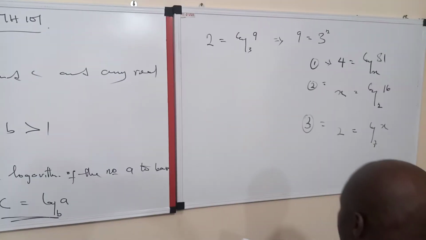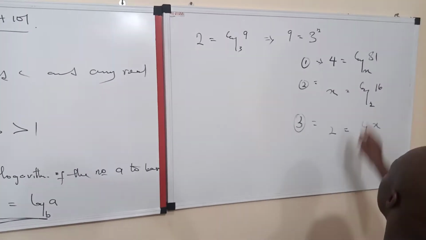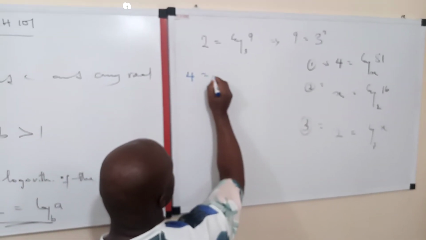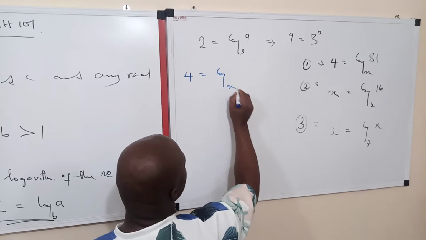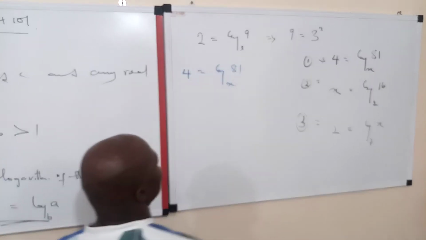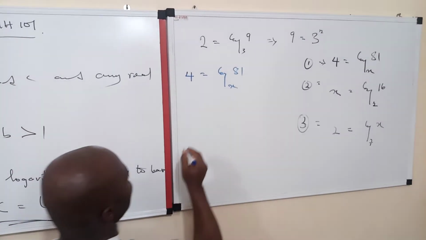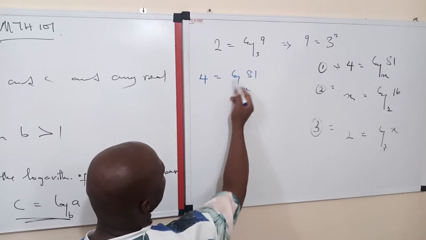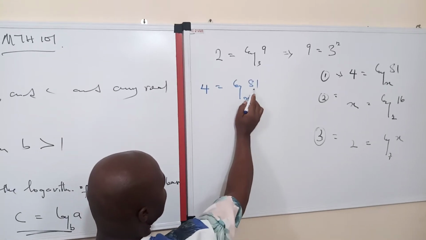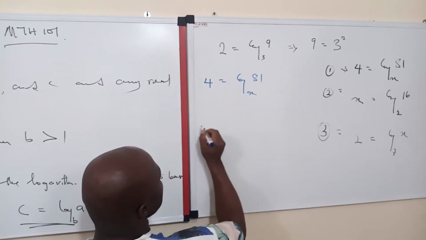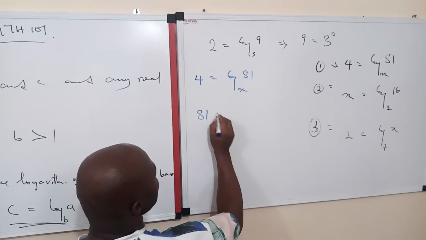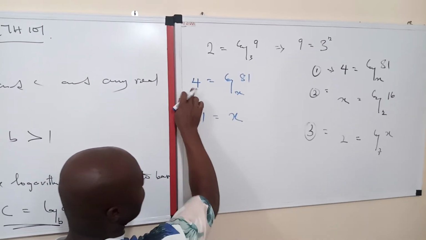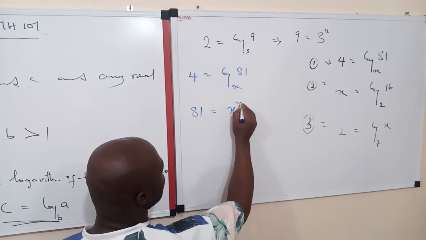Like in this first case here, we have the expression 4 is equal to the log in base x of the number 81. But remember that we have learned that if we want to rewrite this, 81 is equal to the base raised to the power, which is 4.